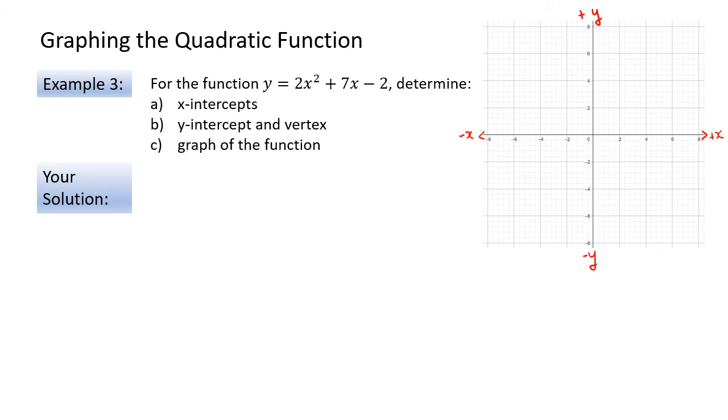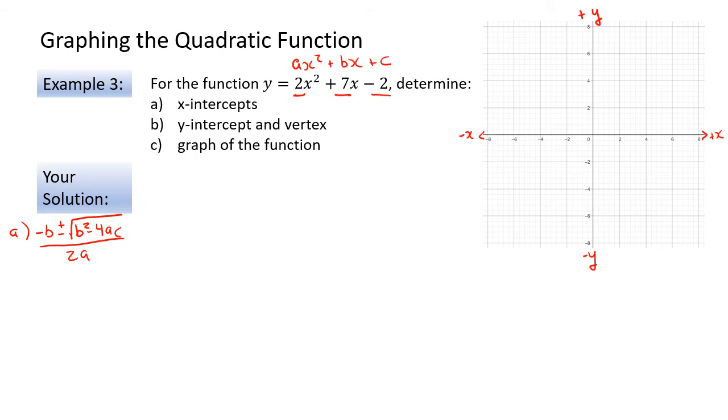So we'll start with the x-intercepts. And again, that involves the quadratic formula. So part A, the quadratic formula is negative b plus or minus the square root of b squared minus 4ac, divided by 2a, where a, b, and c, remember this is ax squared plus bx plus c. So a in this case is 2, b is positive 7, and c is negative 2.